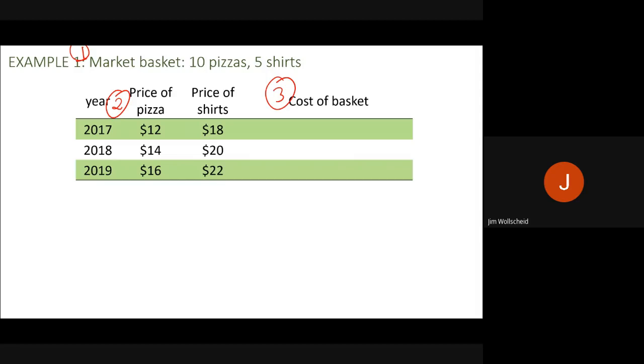Well, I would do 10 times 12 plus 5 times 18. Now I got 210. I hope that's what everyone else got.